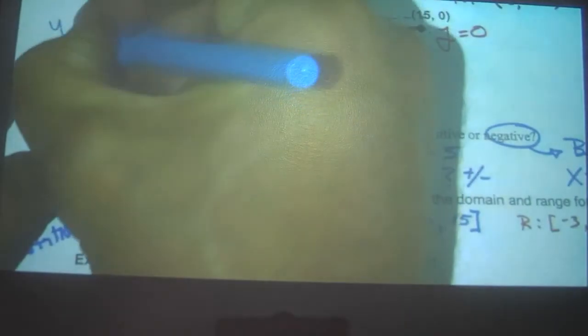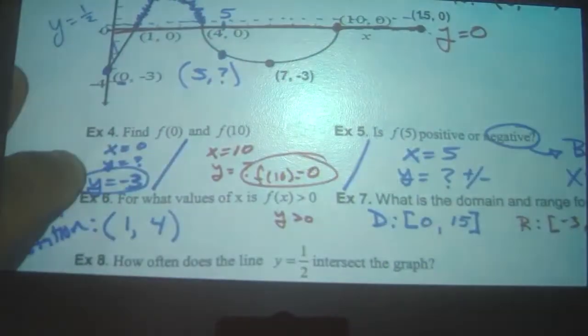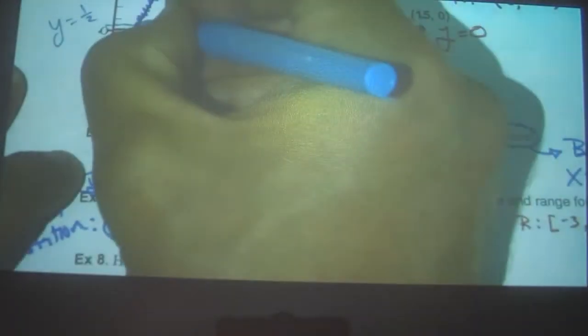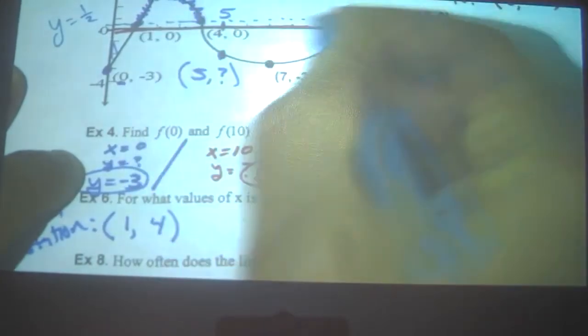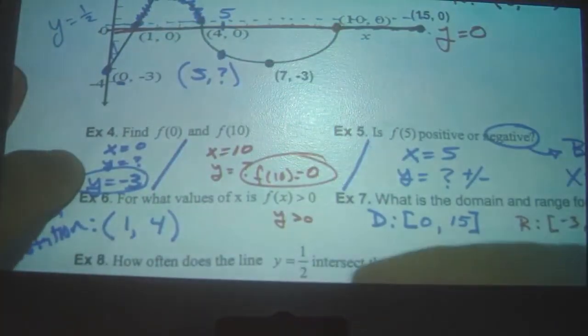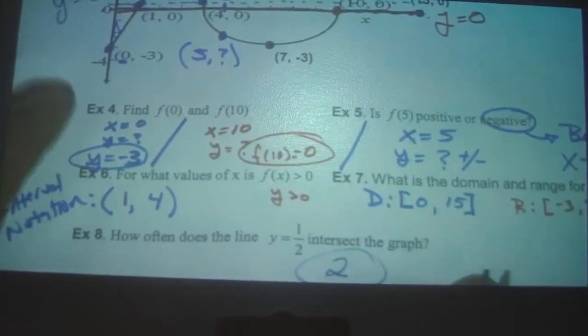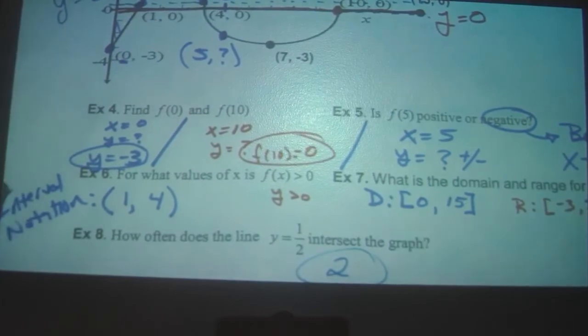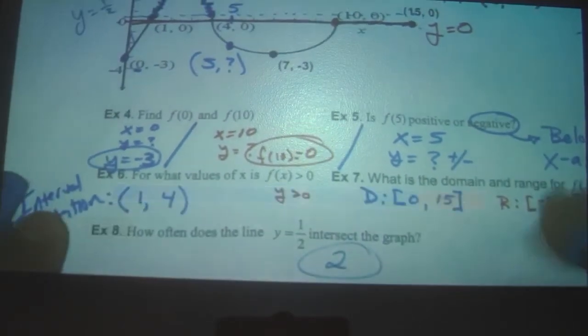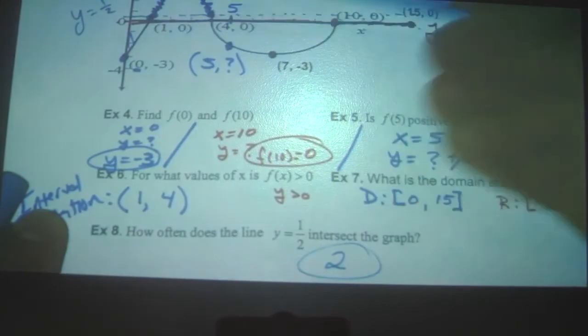That's what the line y equals 1/2 would look like. Well, it looks like it intersects in 2 spots. So I have it intersecting in 2 spots, 1 and 2.